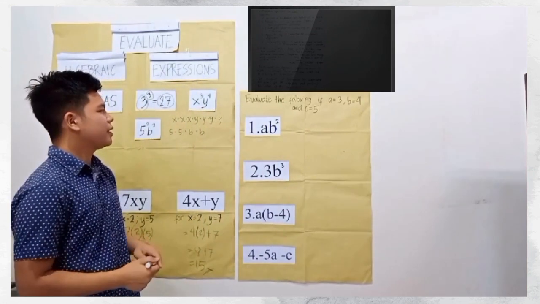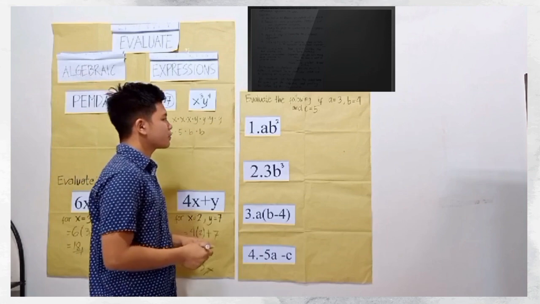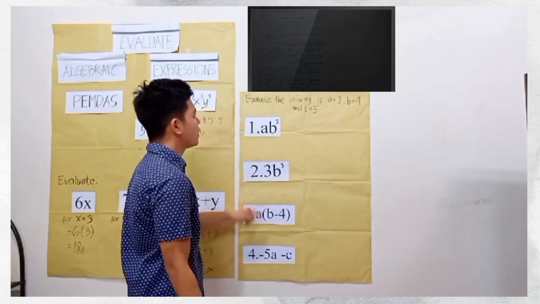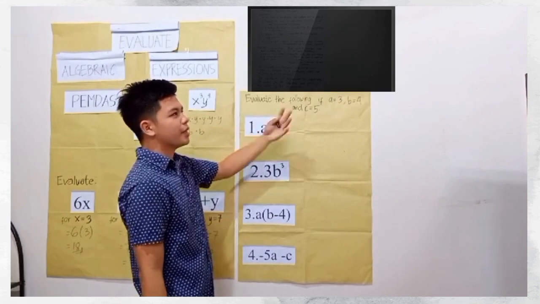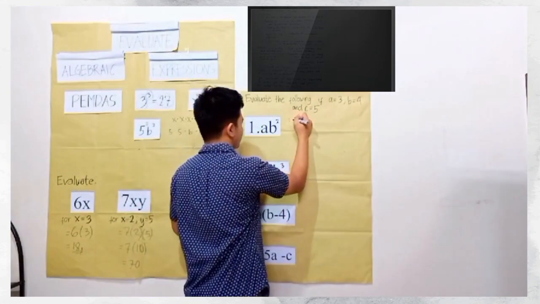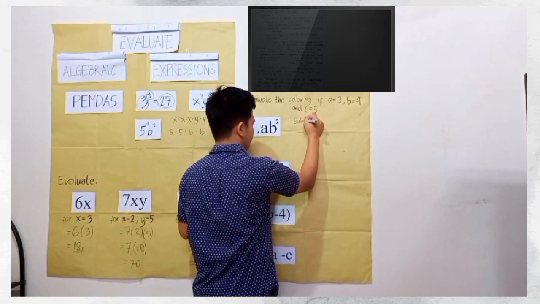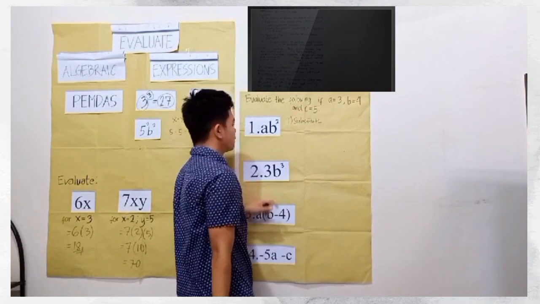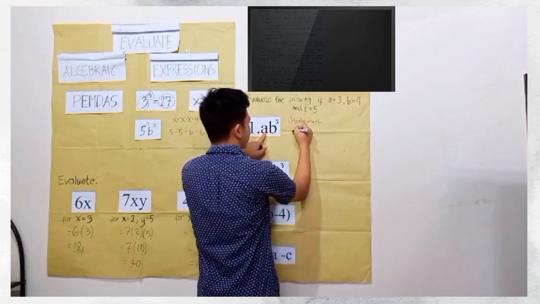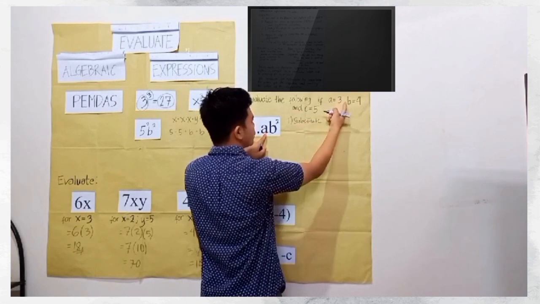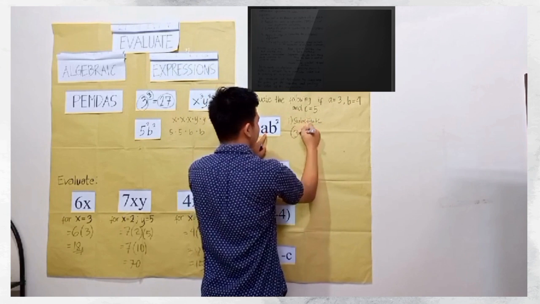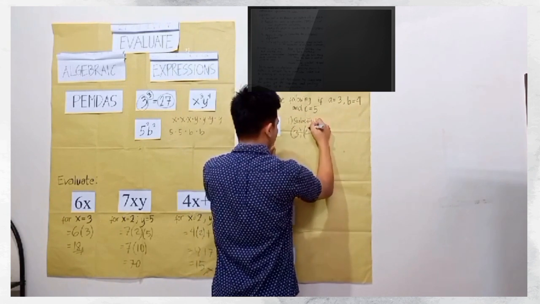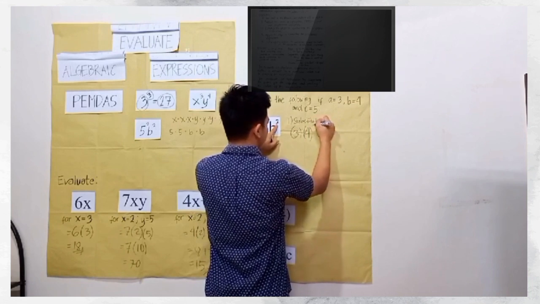So let's begin with the first, A times B squared. The first step is to substitute. So A is equal to 3, and B is equal to 4, and it is raised to 2.